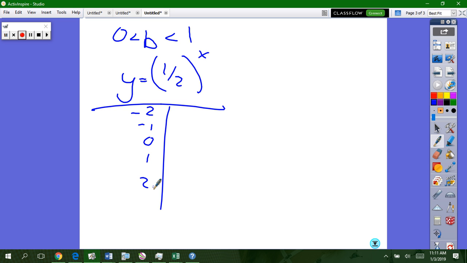Like 1/2 to the 0 is 1, 1/2 to the first is 1/2. 1/2 squared is 1/4, where we see happening here. Getting cut in half every time, right? If I go backwards, what's happening? Getting larger. And notice that's this.